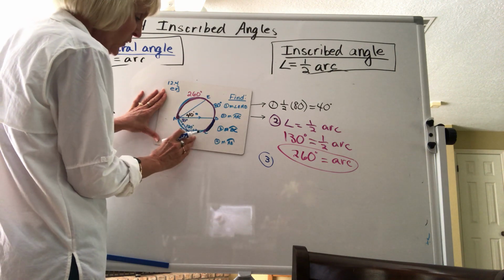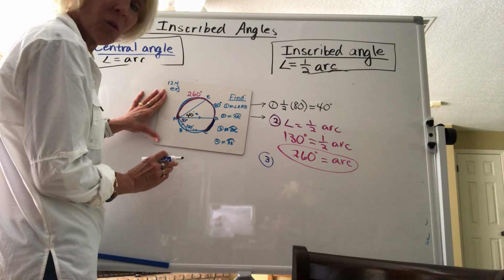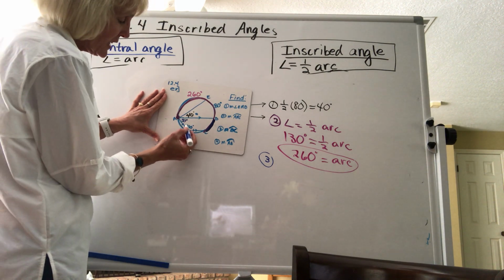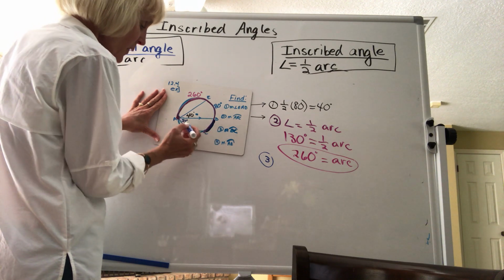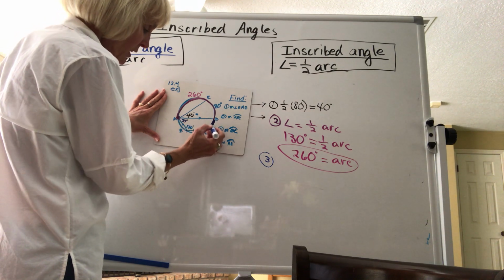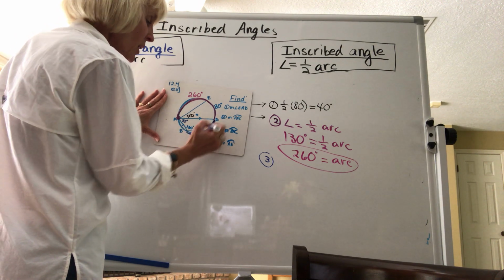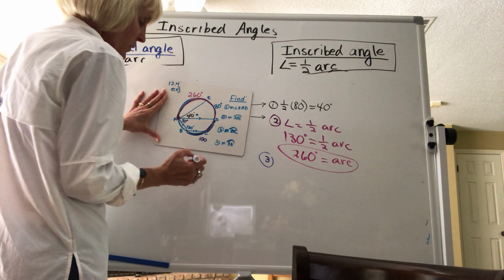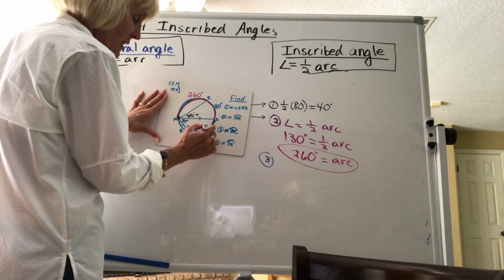So if we could just figure out what each of these are, then we could probably figure out the whole thing. Okay, so if I say this is 50 degrees, then this arc, the intercepted arc, has to be 100 degrees. So B to D would have to be 100 degrees.